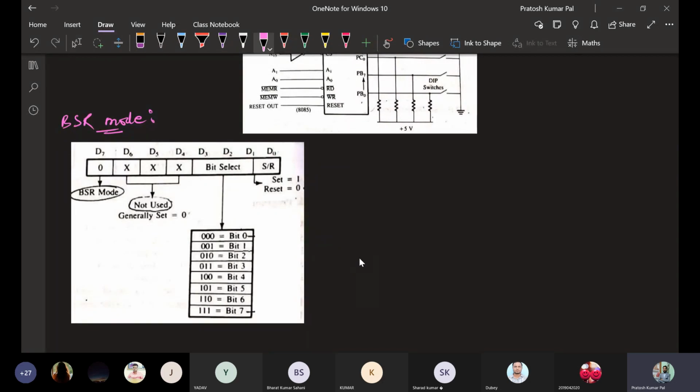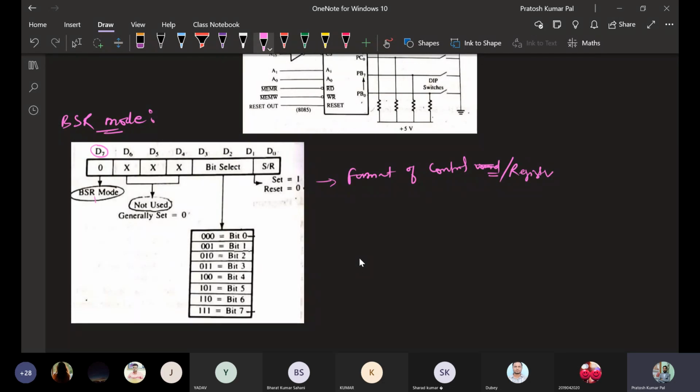Here is the format of the control word, or control register, as you can call it. What is the format of the control register? It has bits D0 to D7. If it is working in BSR mode, then the D7 bit will be equal to 0.